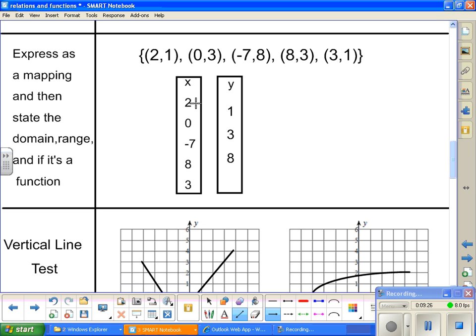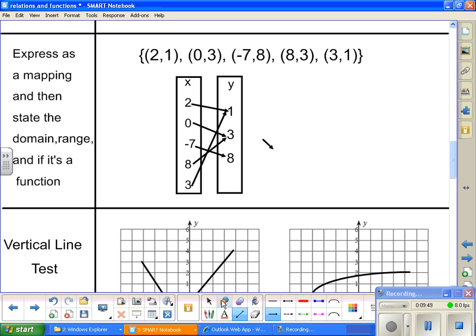So from here, I'm going to go ahead and draw arrows. I know 2 goes to 1, 0 goes to 3, -7 goes to 8, 8 goes to 3, and 3 goes to 1. So, there's a lot of arrows going on, and there's arrows going to the same number.